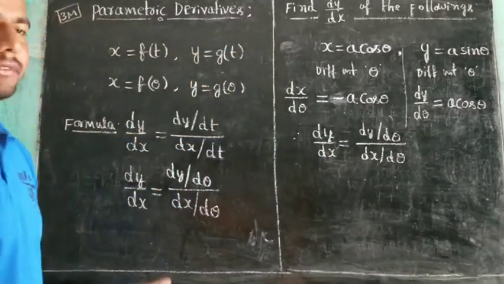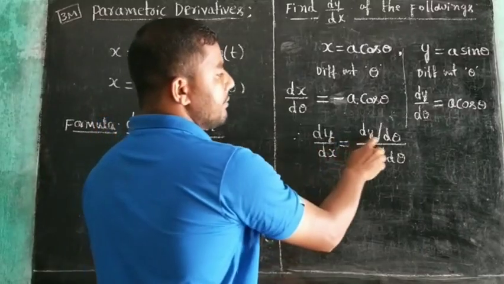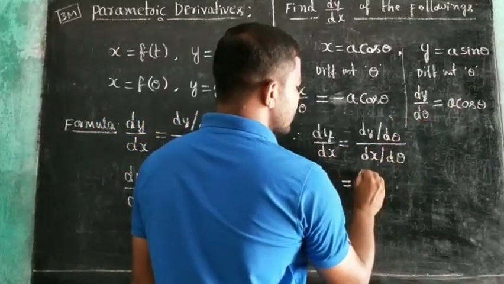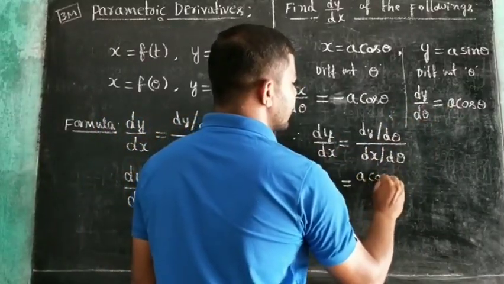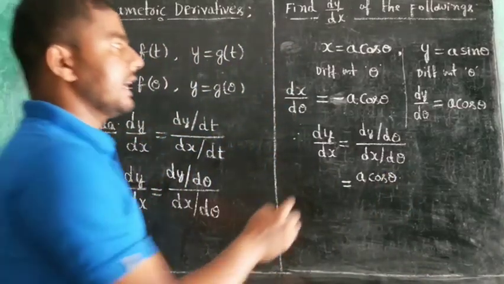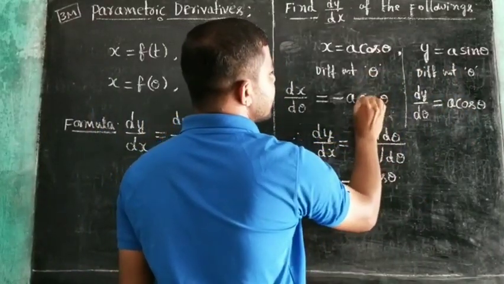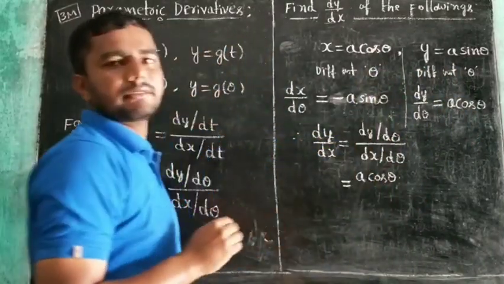So substitute. dy by d theta is nothing but a cos theta. Sorry, the derivative of cos theta is minus sin theta.